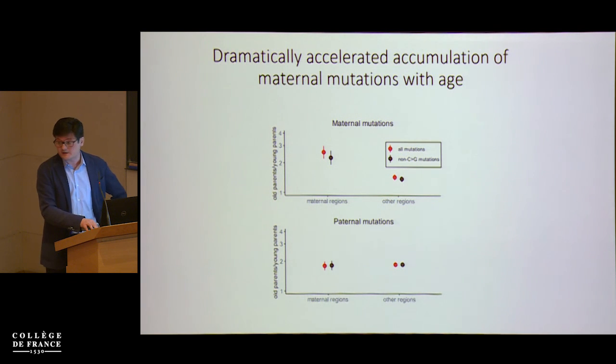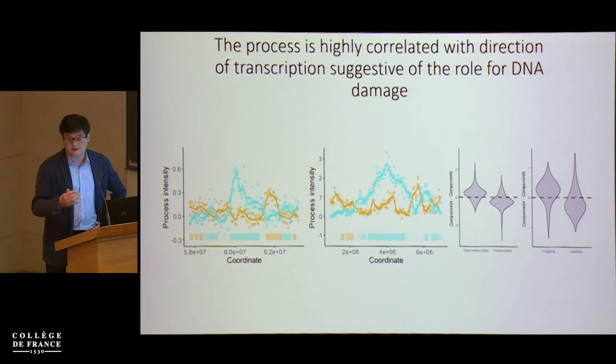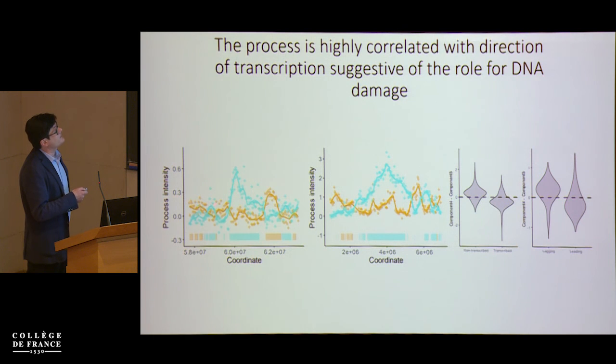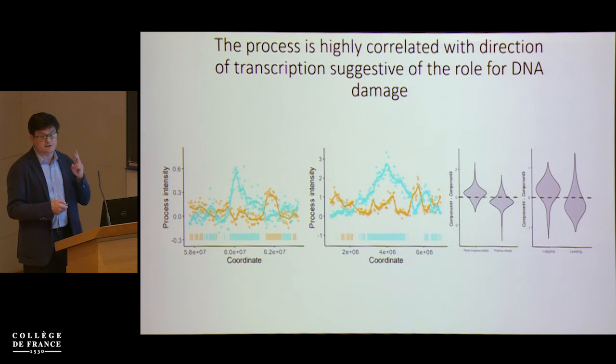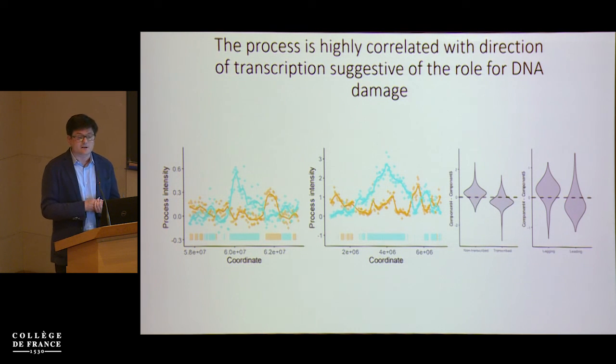Now I have 59 seconds to go, so this is my last slide before acknowledgements. What is interesting here is that the process is highly correlated with the direction of transcription. Again, it's strand dependent. And this is what tells us that there's probably more to the story than repair of double-strand breaks.